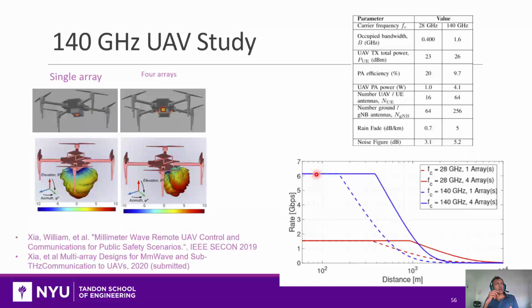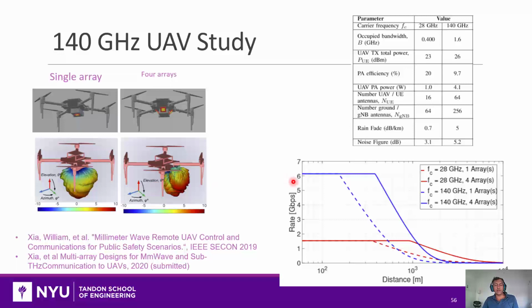So we started looking at this problem just to get a very high, let's say, back of the envelope kind of link budget type of calculation under reasonable assumptions, comparing 140 to 28 gigahertz with the sort of power numbers that we had. This study involved thinking fairly carefully about where we would place the arrays and did some fairly detailed modeling of the array geometry.